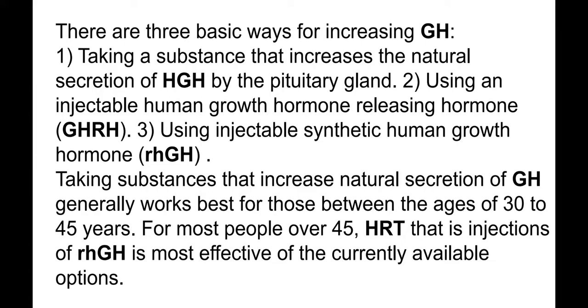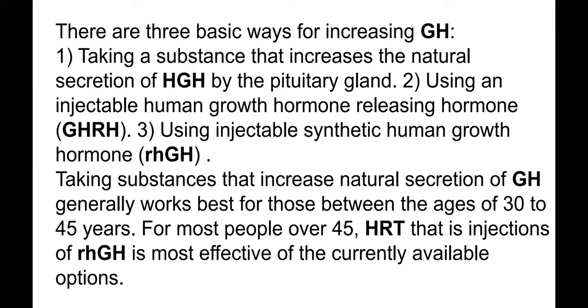There are such substances, but again, it's not easy to buy. They are not available. Another way is using injectable synthetic human growth hormone, rhGH. Taking substances that increase natural secretion of growth hormone generally works best for those between the ages of 30 and 45.